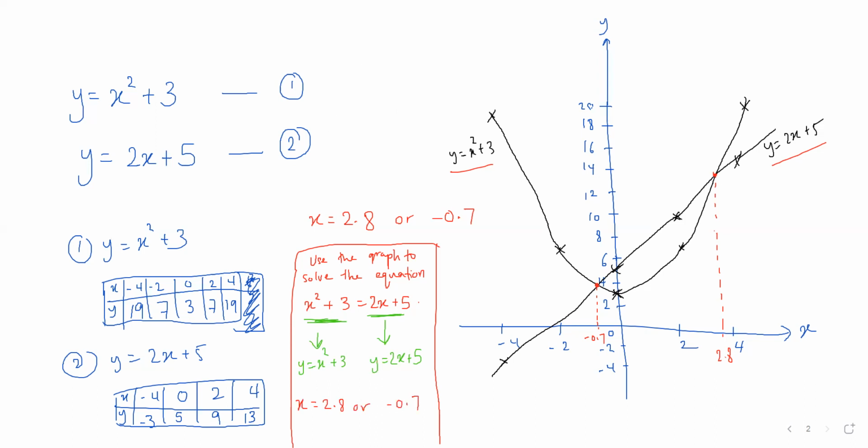So let's look at the equation. The equation only mentions 2x plus 5 and x squared plus 3. The question did not mention any y. The y for the graph was put in by you yourself. Therefore, when they ask for the solution, you only need to read the x. Yes, you can read the y, but it's not needed because this question only asks for the x.